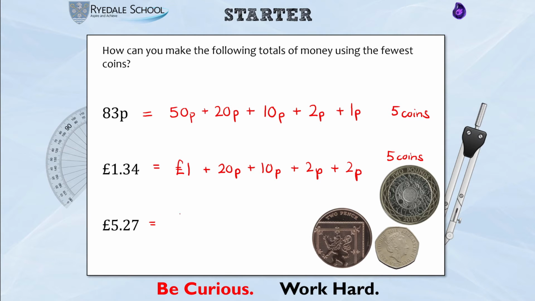For the £5.27, I would use a £2 coin, another £2 coin, that's £4, a pound coin, that's £5, a 20p, £5.20, and then a 5p and a 2p. So the answer to that one is 6 coins.